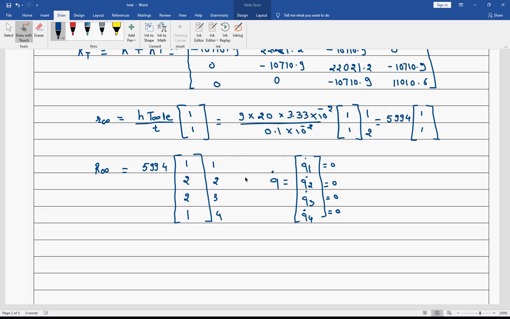Now because of this, if I add this, the total net load will come as 5994, 1 2 2 1.